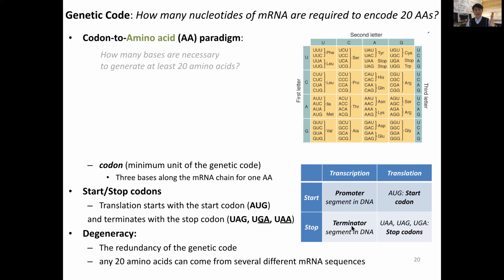Translation is based on mRNA, where AUG is the start codon, and UAA, UAG, and UGA are the stop codons, which means translation stops there. And the degeneracy, as I alluded to, means any of the 20 amino acids can come from several different mRNA sequences. I'm going to discuss this further.